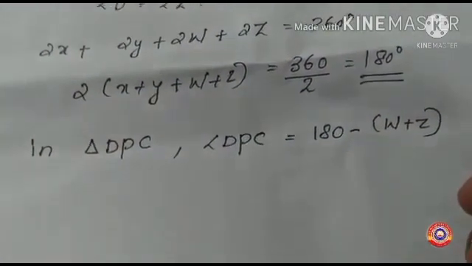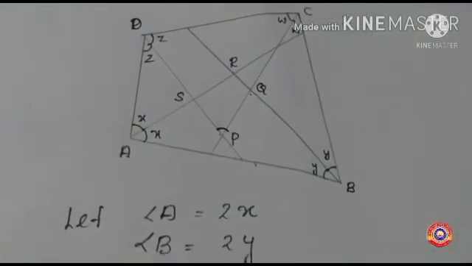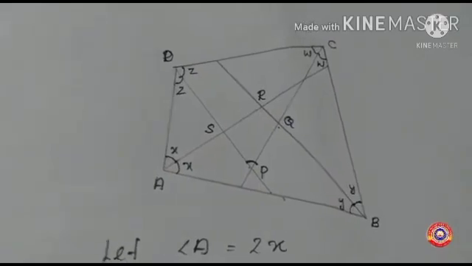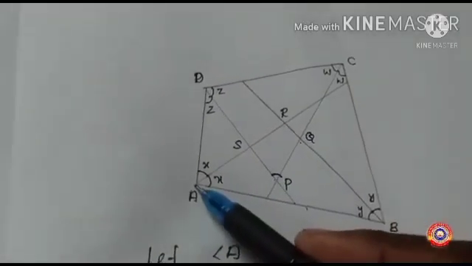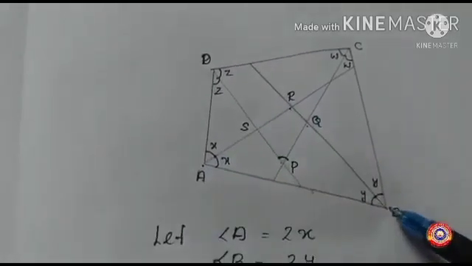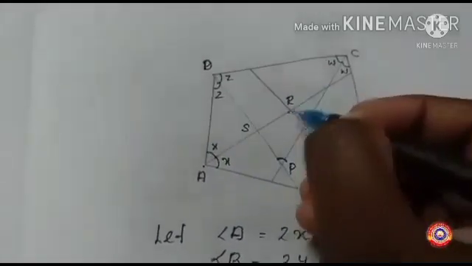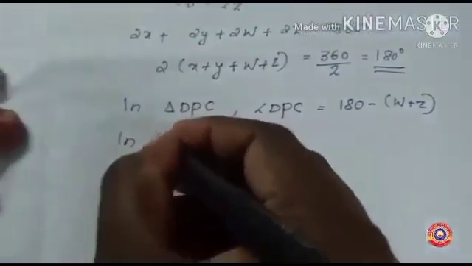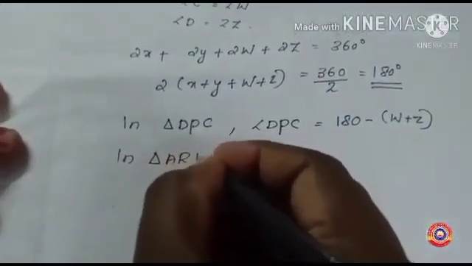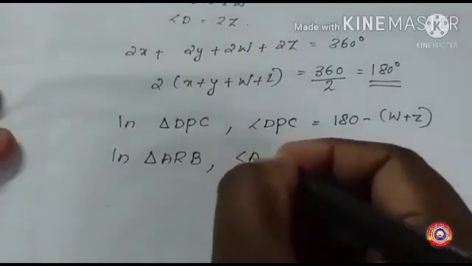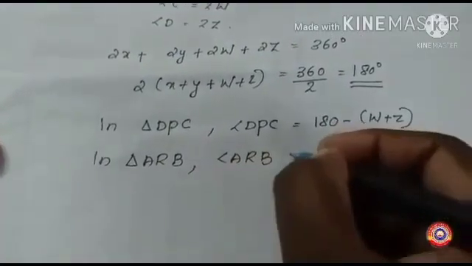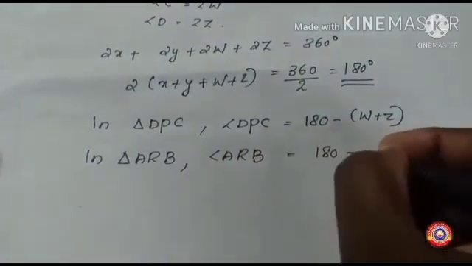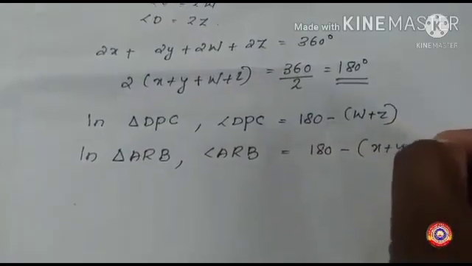Next, we have to consider the triangle ARB. Here we have to find the angle R. In triangle ARB, angle ARB equals 180 minus (x plus y).